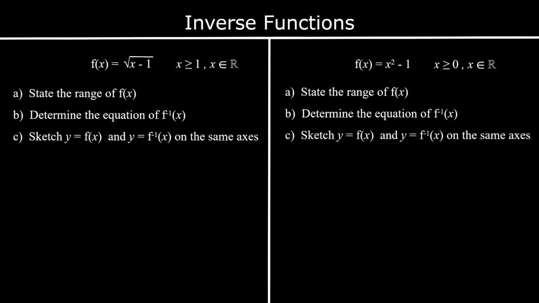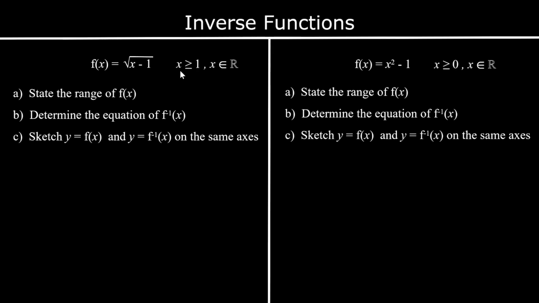Another one. f of x is the square root of x minus 1. That's not usually a function, but we've got the domain limited, so x is greater than or equal to 1. That makes it a one-to-one function. Only one-to-one functions can have an inverse. State the range of f of x.